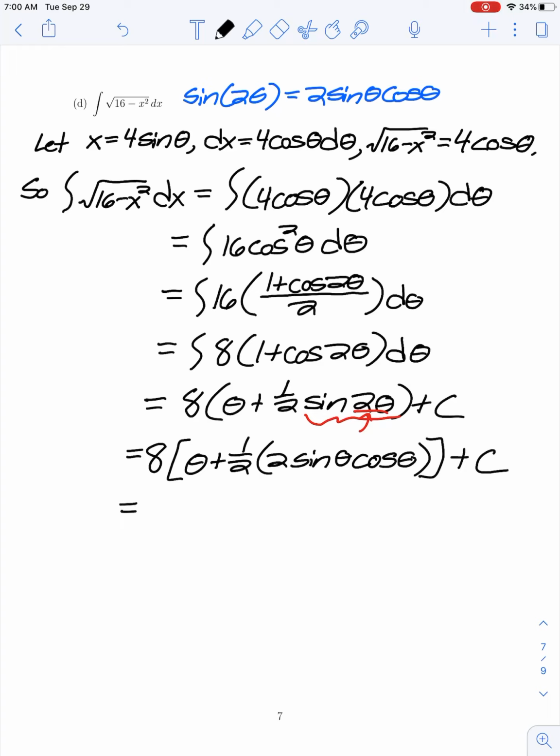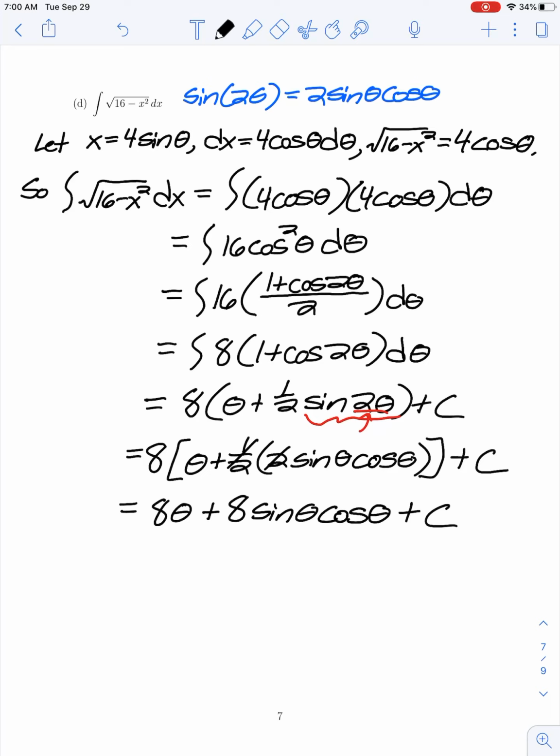So making that simplification, well, I see that a factor of 1/2 and 2 cancel. So I'm left with 8 theta plus 8 sine theta cosine theta plus c.